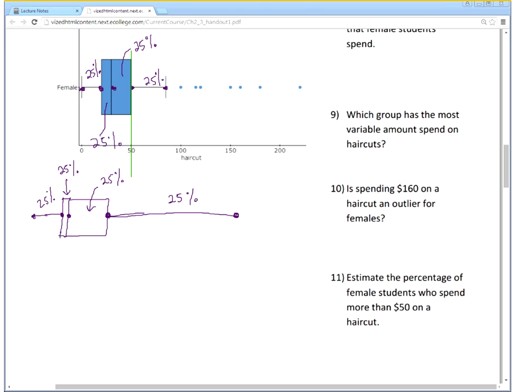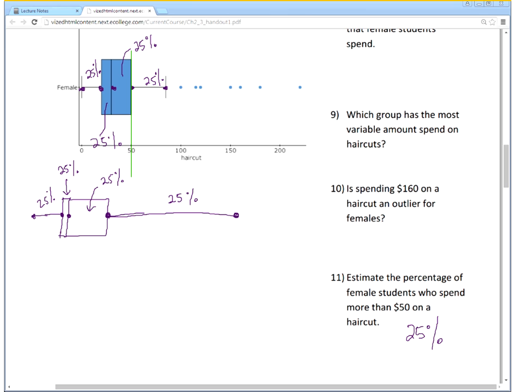So I see your answers. Okay. So 25%, right? Good. So that's how we would determine using a box plot, remember it breaks your data into 4 parts. And it's always 25%, 25%, 25%, 25%. So box plots are very important.